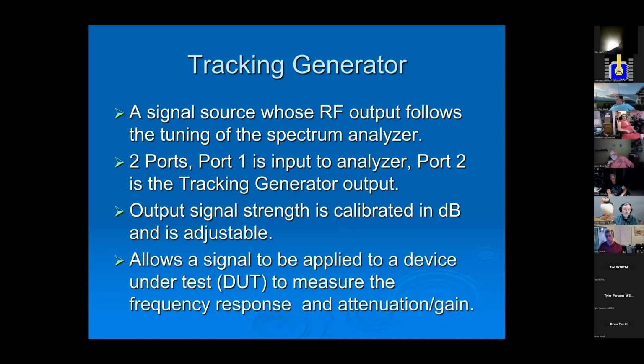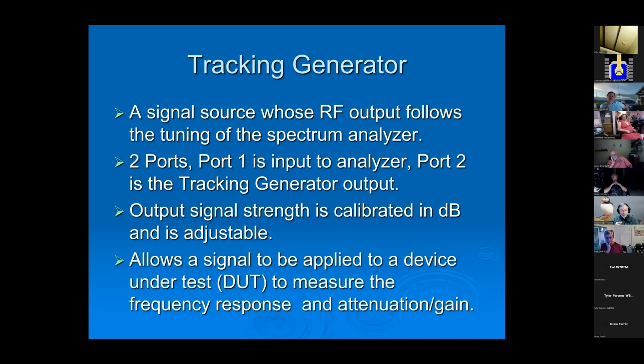So it's a signal source whose RF output follows the tuning of the spectrum analyzer. If you're just scanning the 80 meter band from 3.5 megahertz to 4 megahertz, that output port is going to produce an output at that same frequency, and it's going to track that sweep.